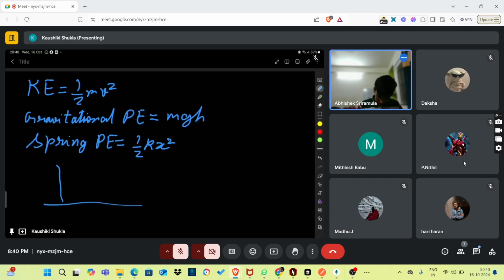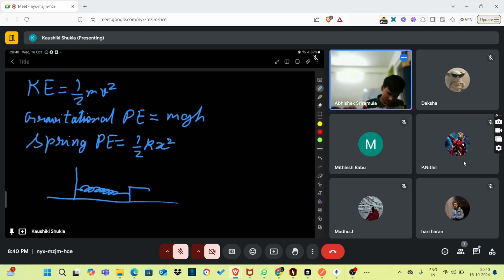If I have a block like this, with mass m, which is not needed, but the spring constant is k. Initially this was the natural length. This is the initial extension.